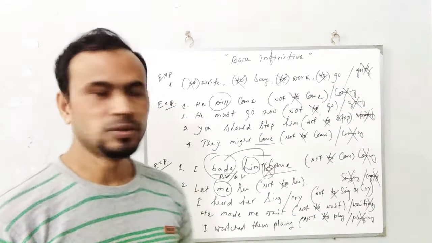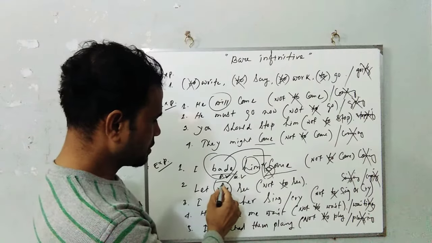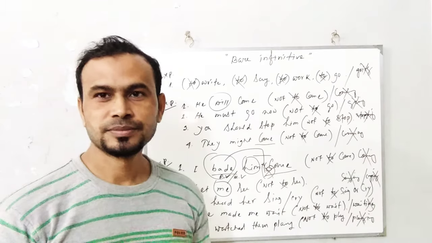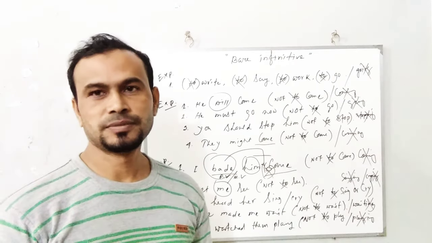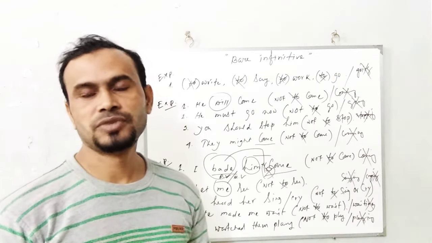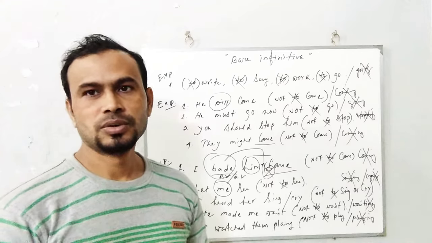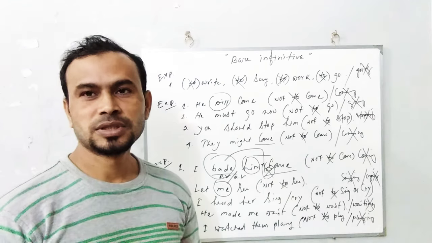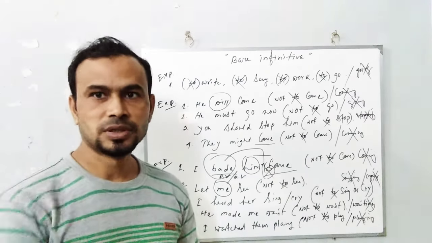I have told you that after a verb, when you see a personal object, the verb after that should be a bare infinitive. So when you see a personal object, you cannot use "to" before the verb.